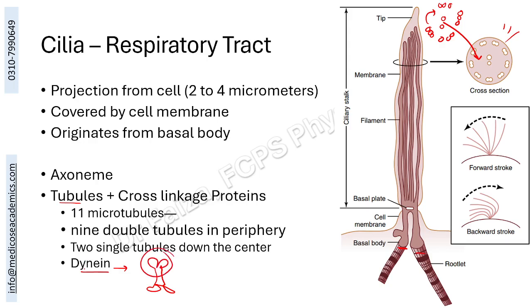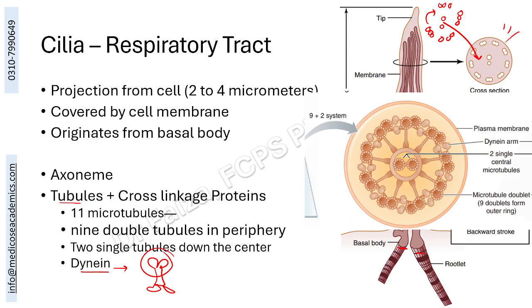So this dynein protein is also associated with the microtubular structure inside the cilia. This is the magnified version. You can appreciate these microtubular doublets on the periphery, singlets in the center, and associated dynein proteins over here, as you can see. And overall, we call it the axoneme.